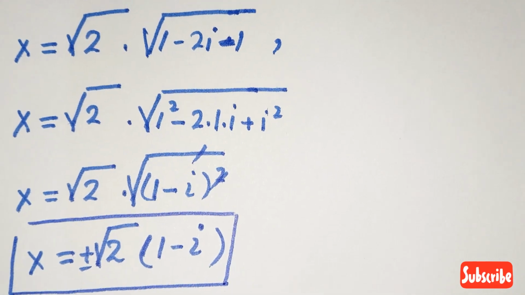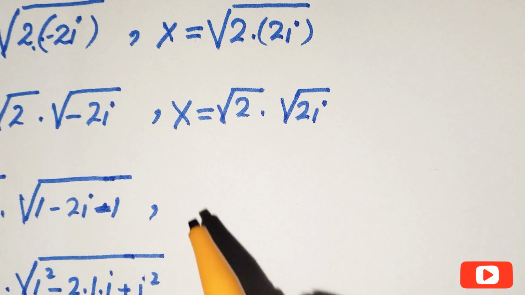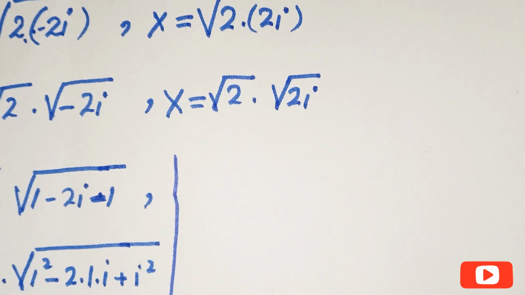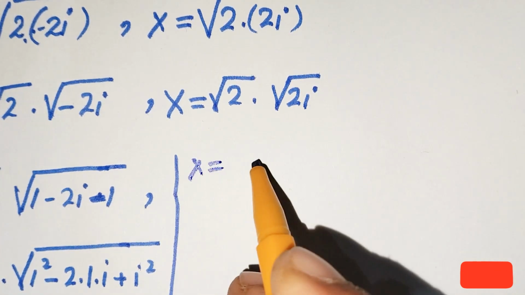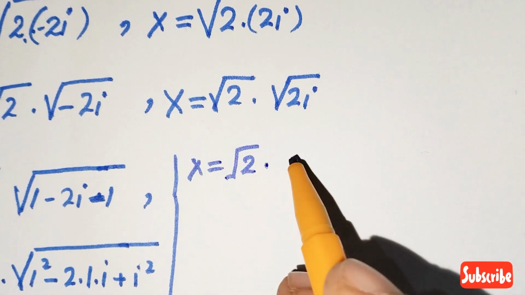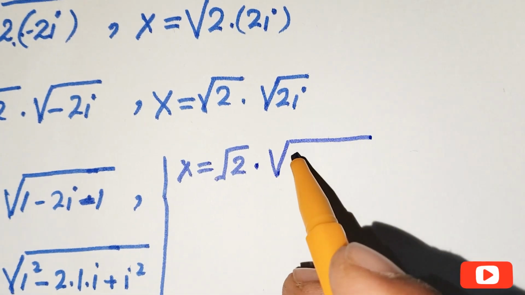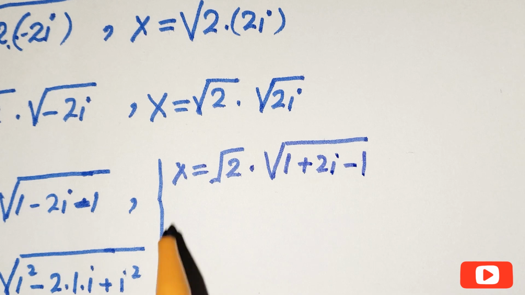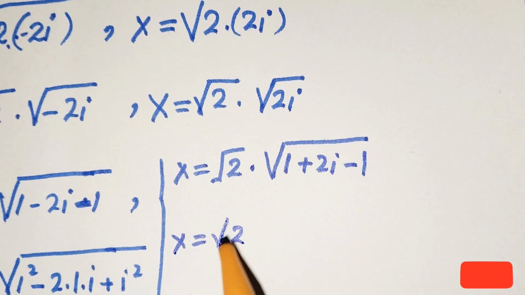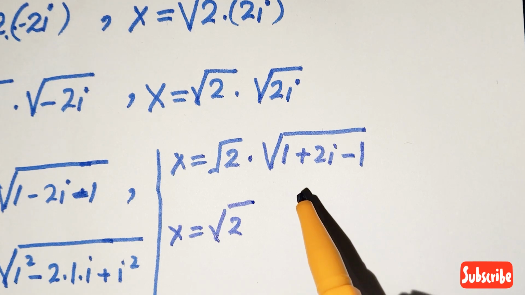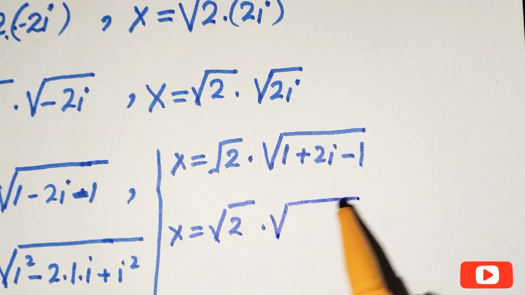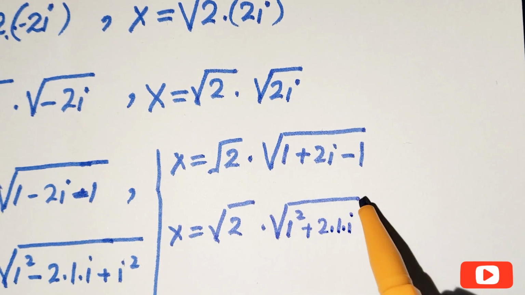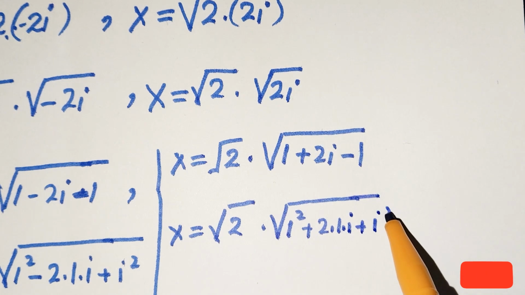And similarly, when we solve this one, x is equal to the square root of 2 times, adding 1 and subtracting 1, so plus 2i minus 1. And now x is equal to the square root of 2 times the square root of 1 square plus 2 times 1 times i plus i square.